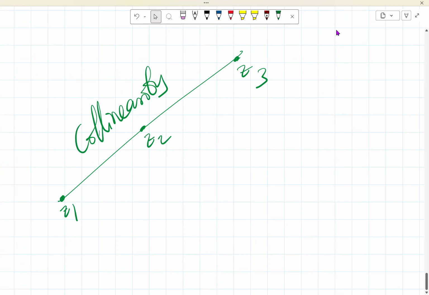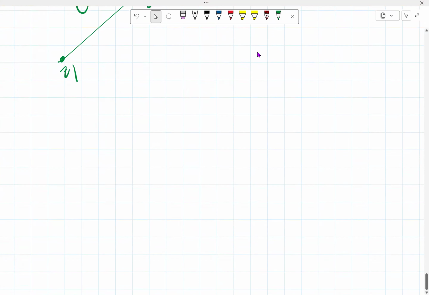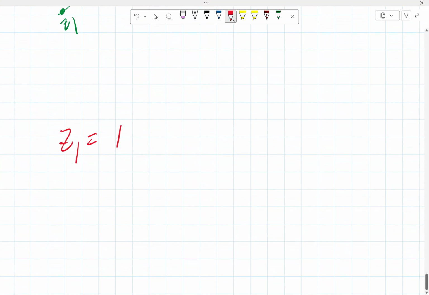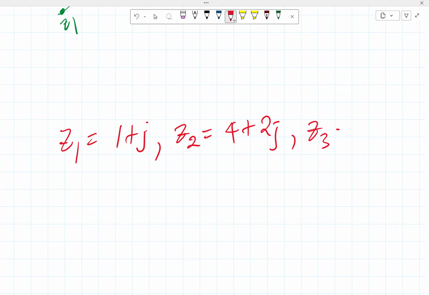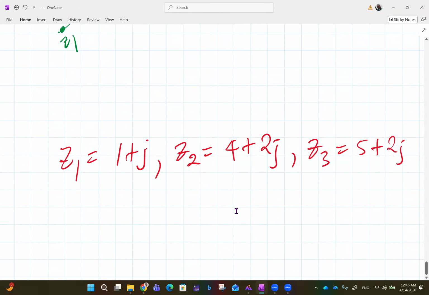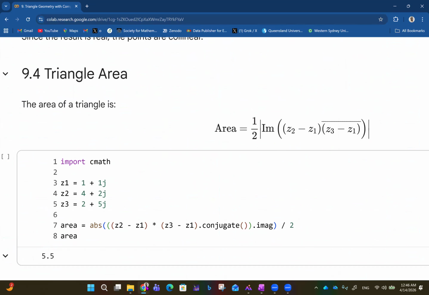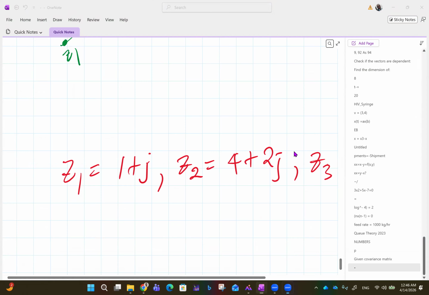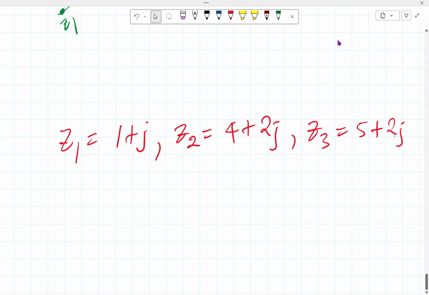So imagine that z1 is 1 plus j, z2 is 4 plus 2j, and z3 is 2 plus 5j.